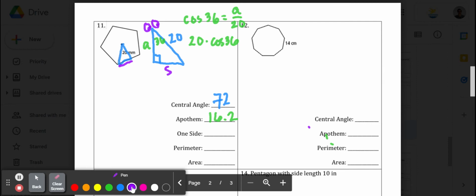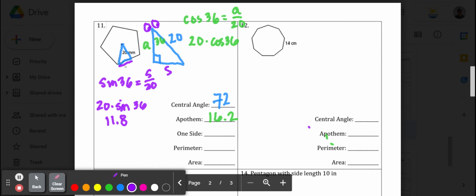Next, we got to find the sides. That's going to be opposite over hypotenuse. That should be sine of 36 equals opposite over hypotenuse. So then we'll multiply that 20 out. So 20 times sine 36, which gives us 11 point, I'm going to go with 11.8. But remember, that's only for half the piece, so we have to double 11.8.